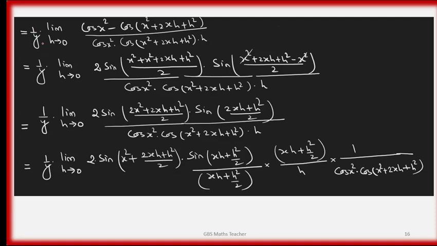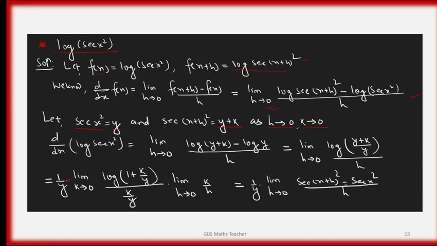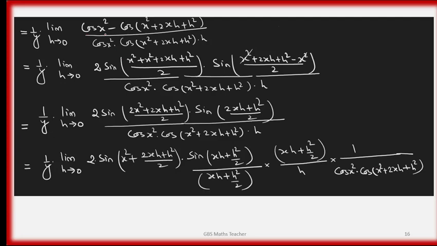Here sec is 1 by cos, so 1 by cos minus 1 by cos; multiplying across, cos goes into the product and also the numerator. So cos x² is first and cos (x+h) whole squared is second. We expand (x+h) whole squared as x² plus 2xh plus h², and in the denominator these two terms are times h.